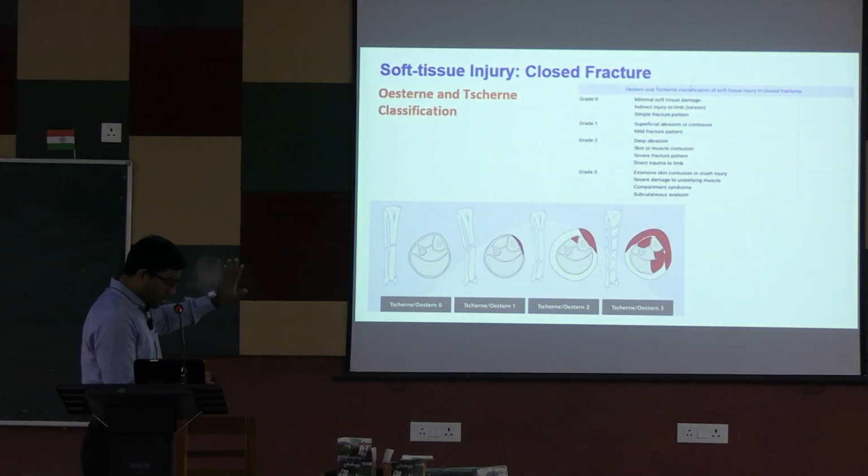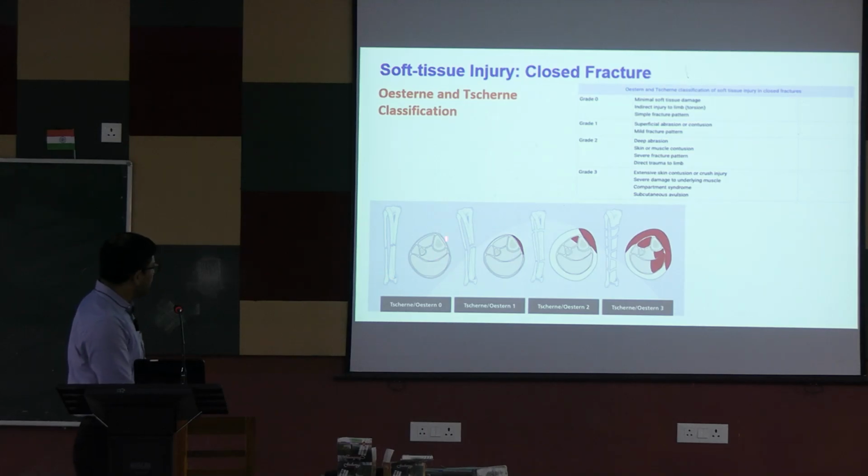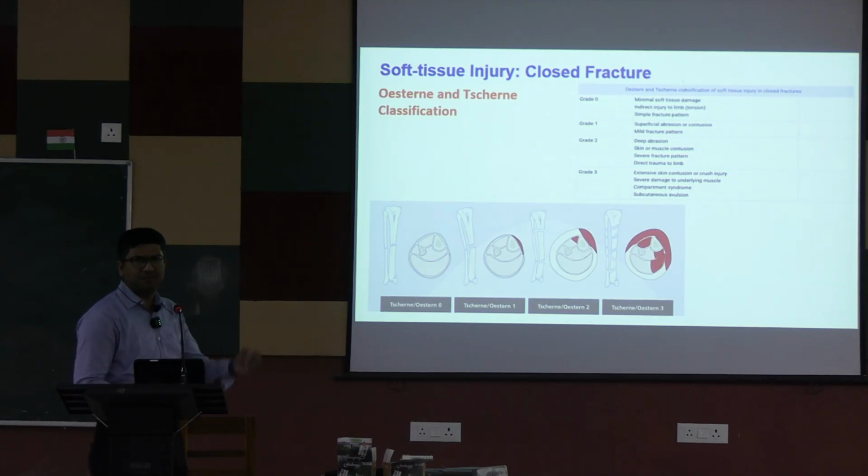So in general, if it is grade 0, that means, so this is the bone, the tibia, fibula, you know, this is a leg bone. All the skin, tissues and muscles are intact. Though there is a fracture, there is no tissue injury as such. In grade 1, there is a superficial abrasion on the skin, but the skin is not punctured. Remember, this is a closed fracture.